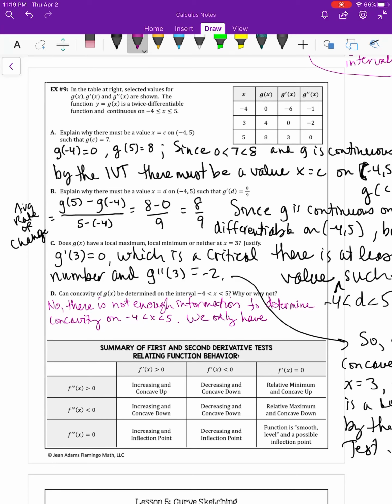We only have endpoints and x equals 3. So infinitely many points are missing to establish concavity.